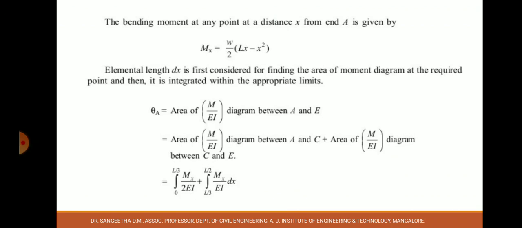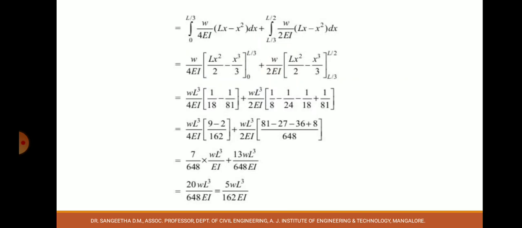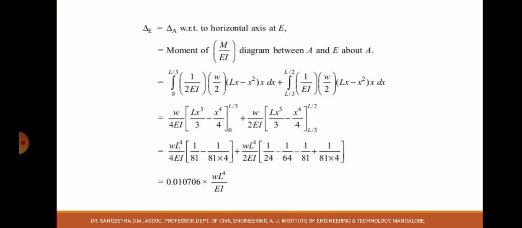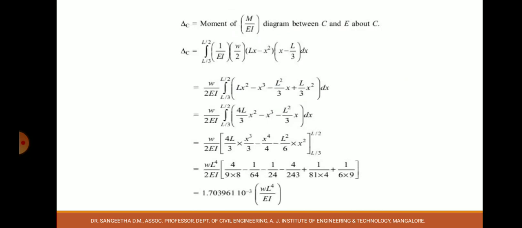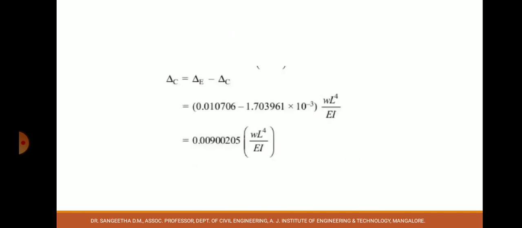The area is Mx divided by 2EI for the first, and Mx divided by EI for the second. Solve the integral carefully, so you will end up with the rotation about A. Similarly, you have to do it for deflection about E and deflection about C.